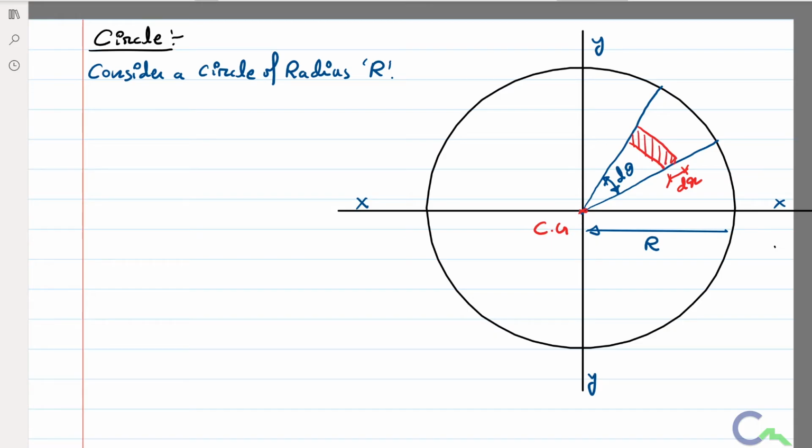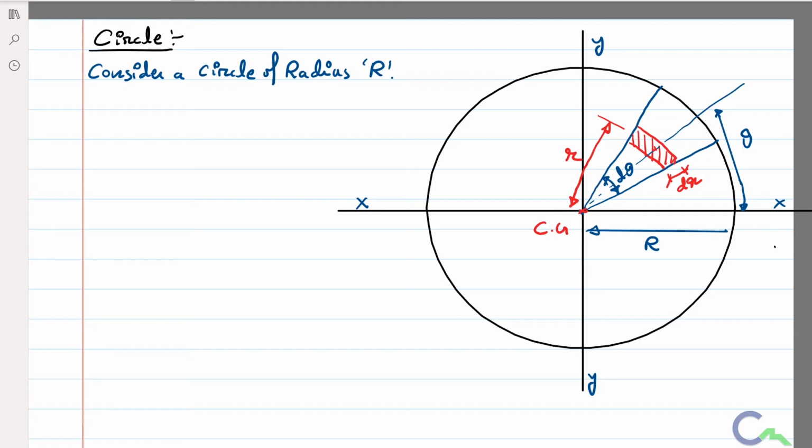So at an angle of, I will take this as theta, and at a distance of small letter r from the center of the circle.